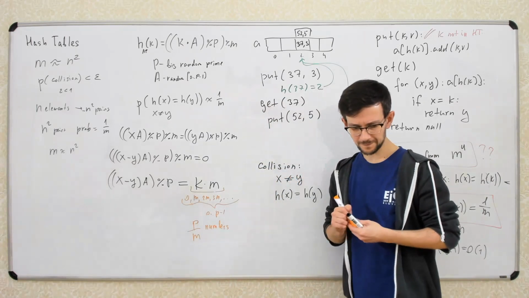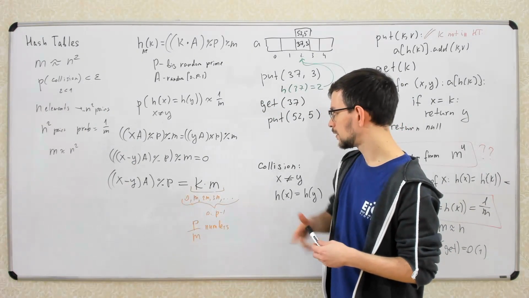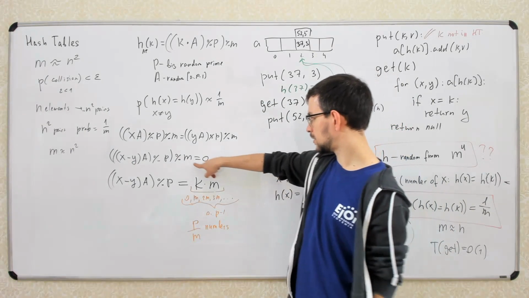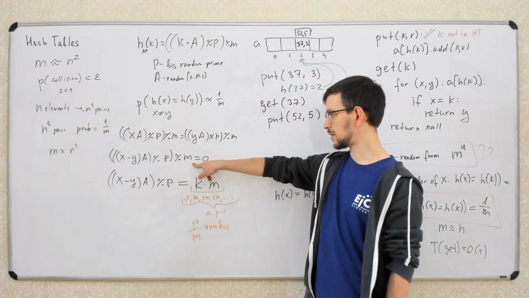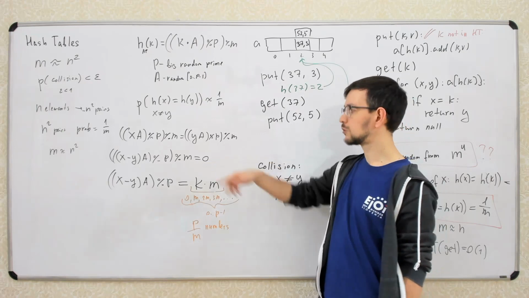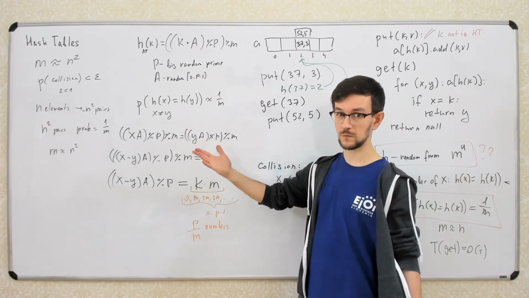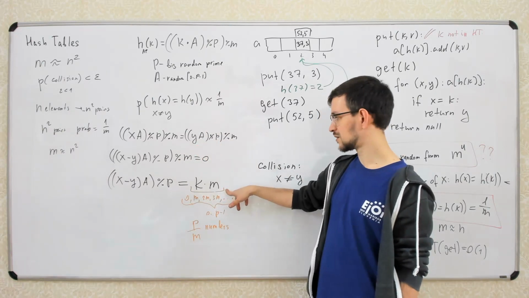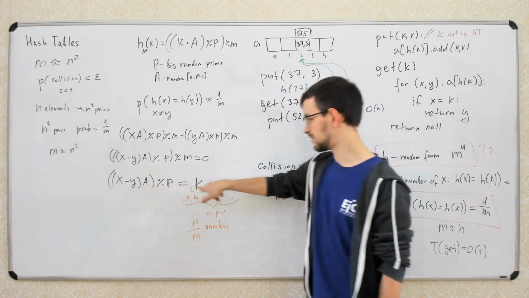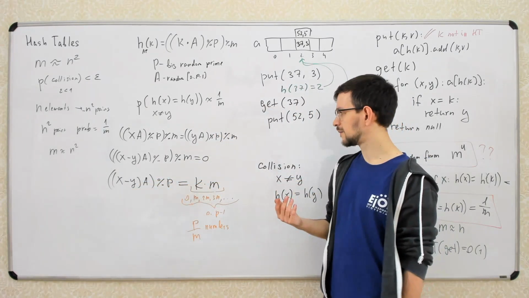Here I say that this number modulo M is equal to 0. What does it mean? It means that this number is divisible by M. Here it's just the same thing. I just rewrote it in a different way.